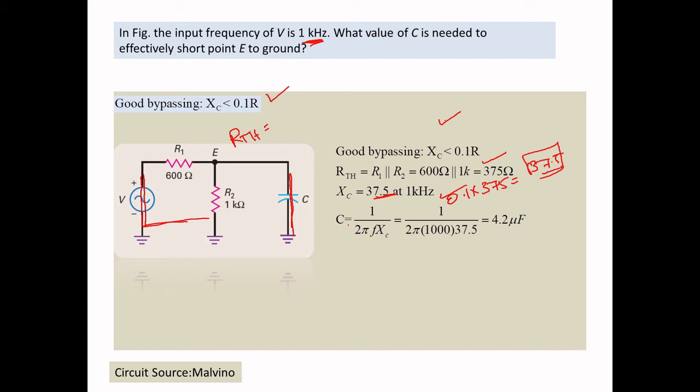So now I want to find the capacitor, that is 1 divided by 2 pi f Xc. So I have substituted the frequency, then reactance. Here you know, reactance I have taken as a resistance value, that is 37.5 which you calculated. So your final capacitance value which you have calculated here is 4.2 microfarad.